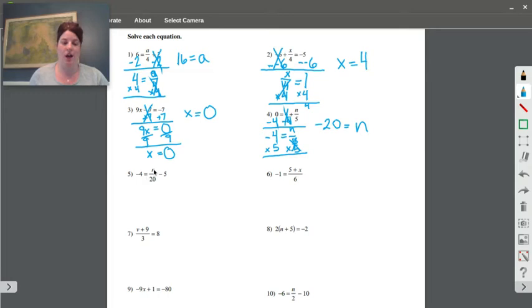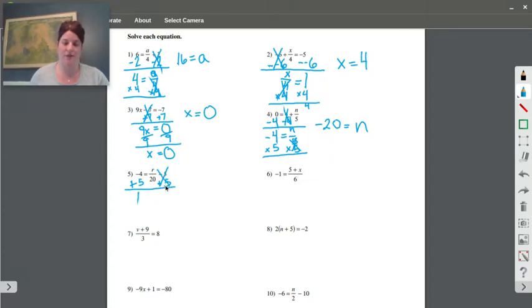All right, let's look at this one. -4 equals r divided by 20 minus 5. Once again, we're kind of falling into a pattern here. We're going to take care of our subtraction first, so we're going to add 5 to both sides. -4 plus 5 is 1.